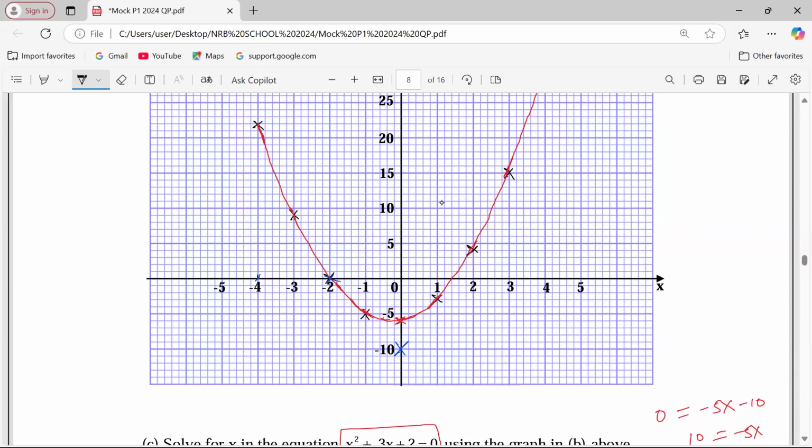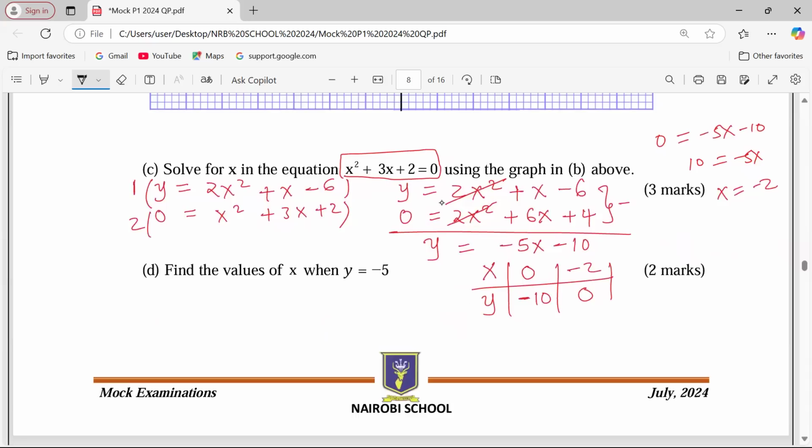Or I can add one more coordinate. Let me check here. What if we go for the value of x becoming negative 3. So you will have the third coordinate as negative 5 into negative 3, then we subtract 10.